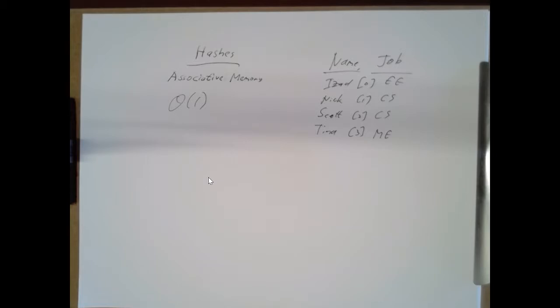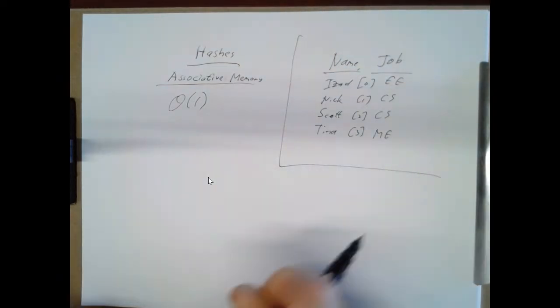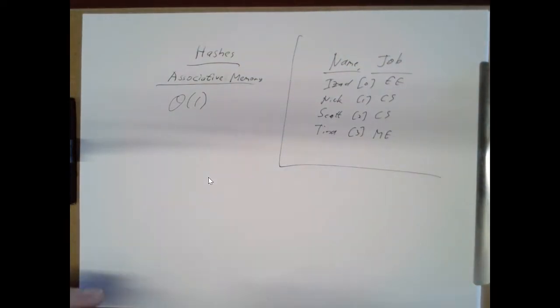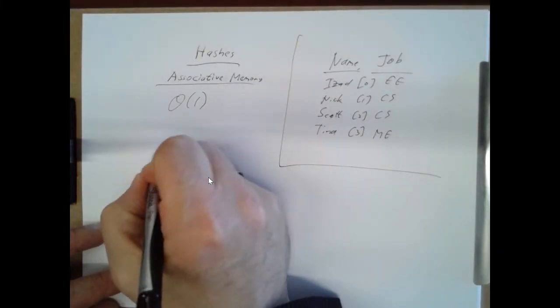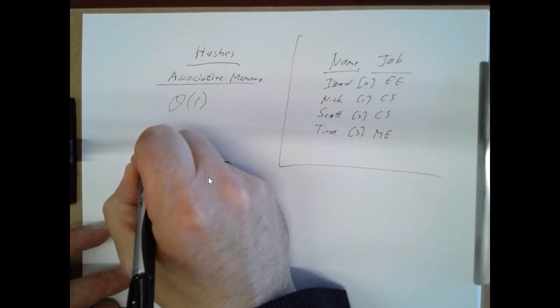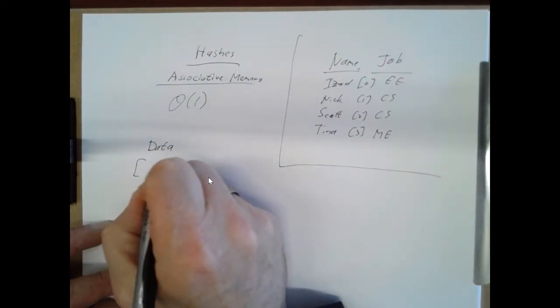Now, it obviously doesn't work like this in all cases, because that would just be nirvana. But in a lot of cases, if you set this up right, it's order 1, independent of the size of the hash. And a hash works as an associative memory. So we talked about this a little with respect to bash. We talked about it with respect to awk. The idea is we could have an array, I don't know, I'll just call it data, because I can't think of anything better.